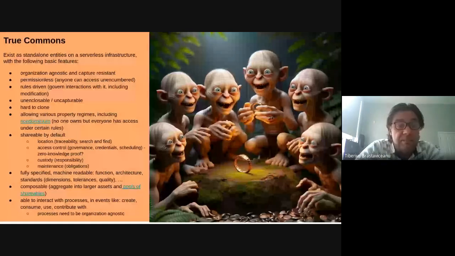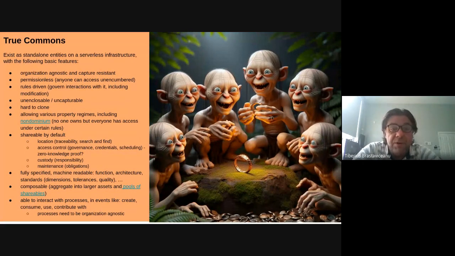Resource flows. We put up a concept of true commons, which is in terms of implementation of these ideas: how do you represent a resource digitally in order to allow it to flow in the context of peer production?